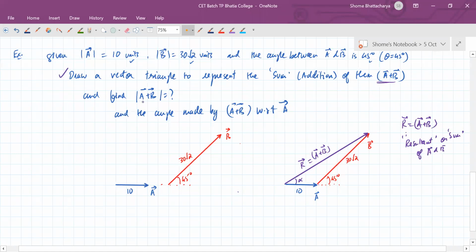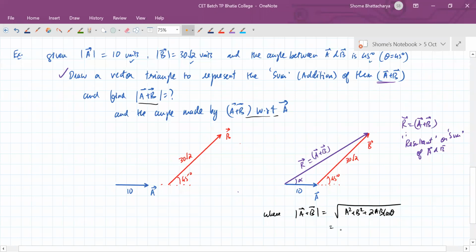Now to find the magnitude and the direction, we have to use the formulae. So we know the formula of mod A plus B is root of A square plus B square plus 2ab cos theta. That is where we substitute all these things.